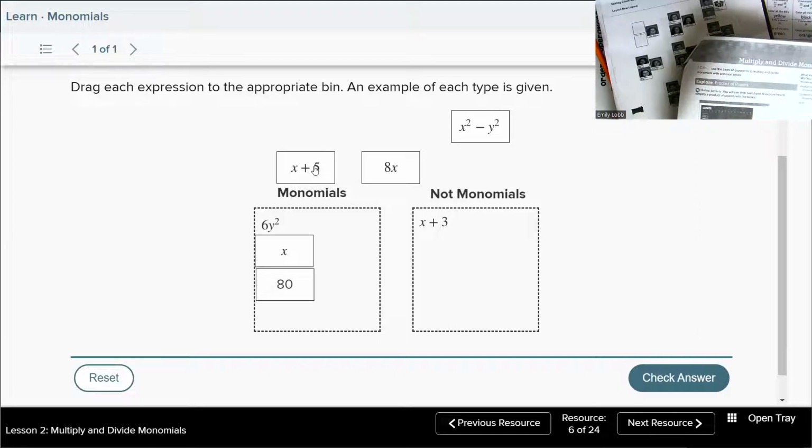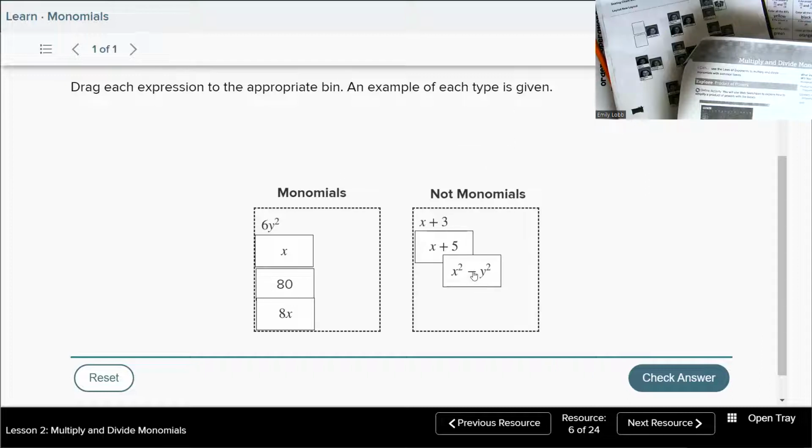How about x plus 5? Not a monomial. How about 8x? Monomial. Remember, if they're being multiplied, it's still one term because the answer would be a product of those two numbers. How about x squared minus y squared? Not a monomial. Excellent.